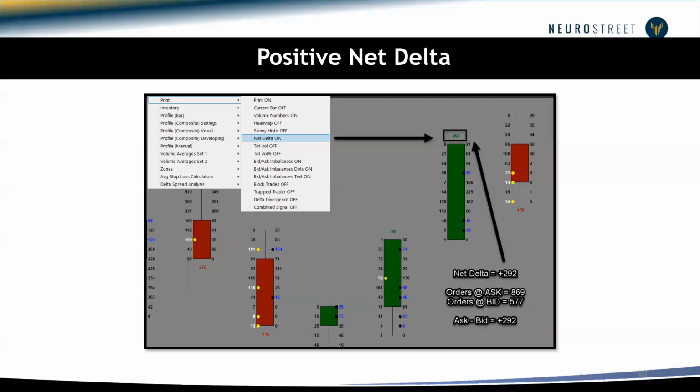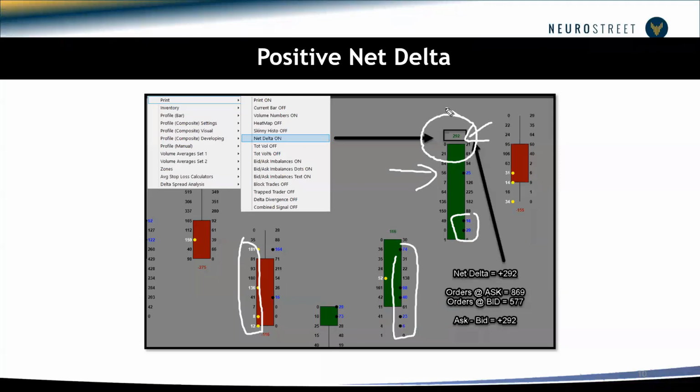So rather than just relying on a couple of price levels, a couple here or a couple here, I get to take all of the buyers and all of the sellers and take the net sum of them, which gives me a better total of the overall sentiment of that price bar.